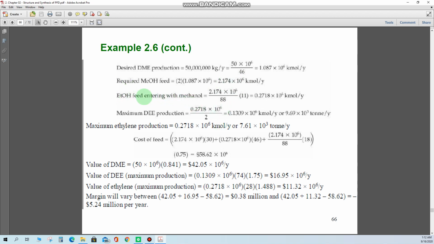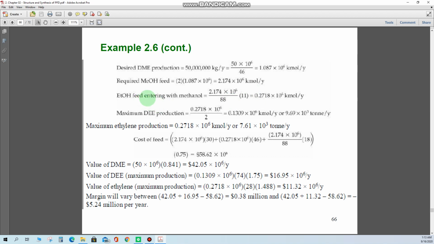However, the ethanol in the mixed feed stream is 11%. So we can convert from the required methanol to the required ethanol by multiplying with the factor 11 divided by 88. So this 88% represents the methanol percentage, and 11% represents the ethanol percentage within the feed stream.